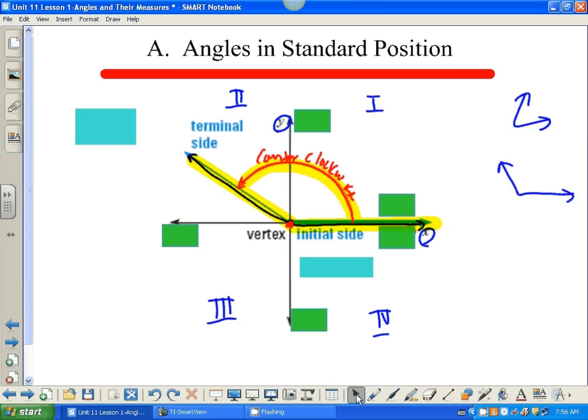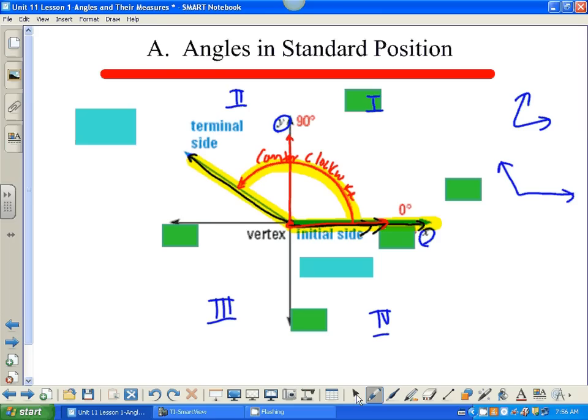If I would draw an initial side and I would draw a terminal side, both on the positive x-axis, then that would be an angle that has 0 degrees. If I drew an initial side on the positive x-axis and the terminal side on the positive y-axis, that would be an angle that's 90 degrees.